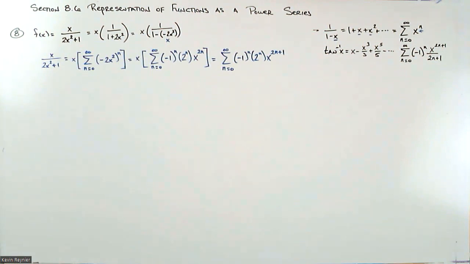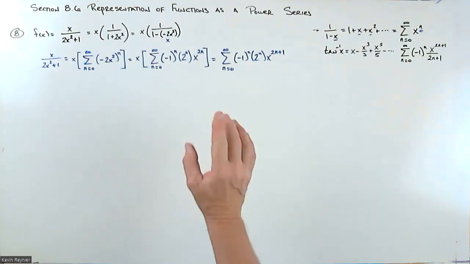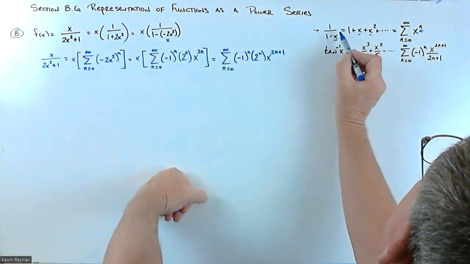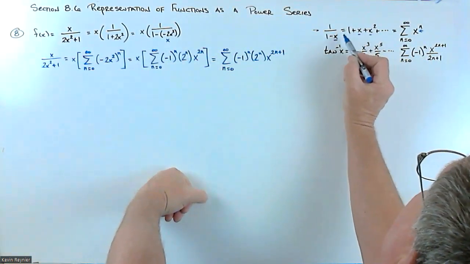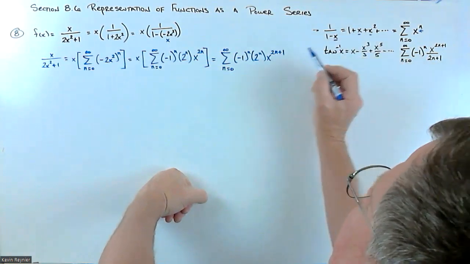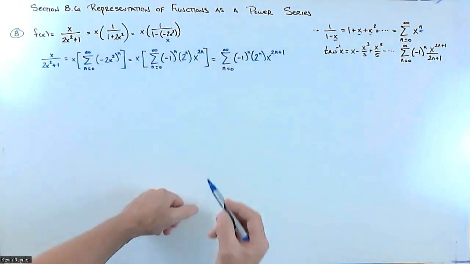Now, we know this converges, right? And if we write this out, I'm not going to go through the trouble of writing this out, but this turns out to be geometric. And since this is geometric, all we've done is replace each of these x's with a -2x squared.